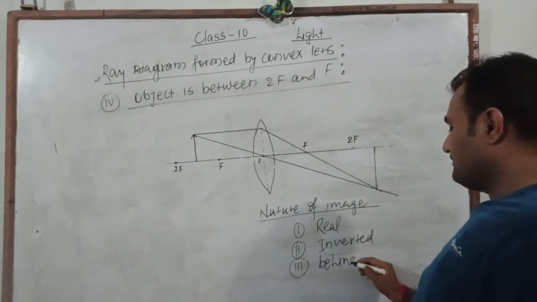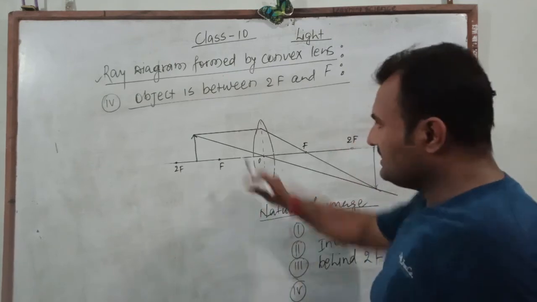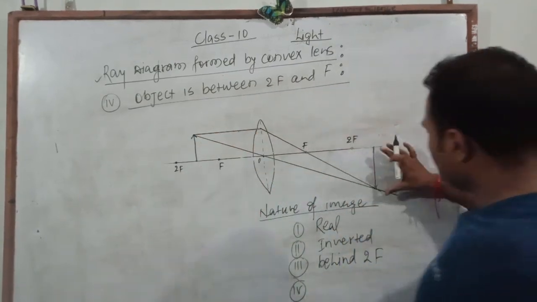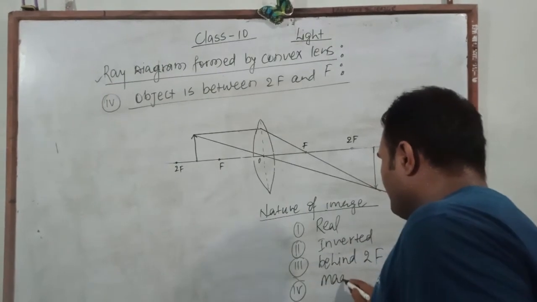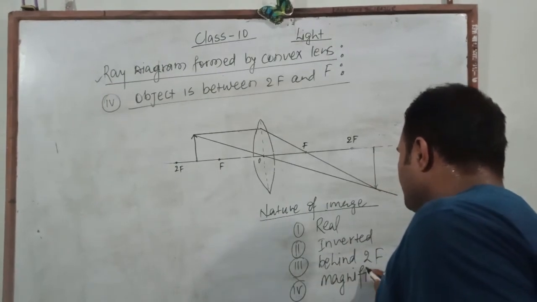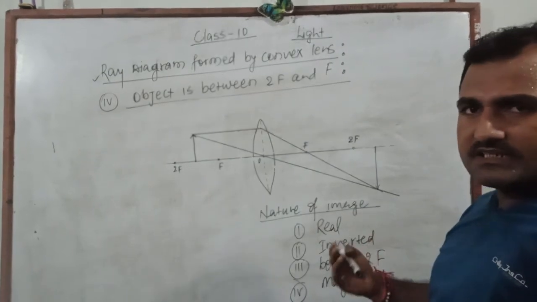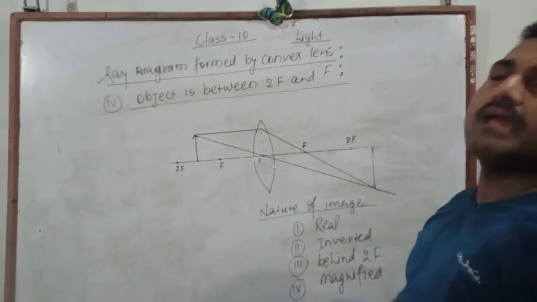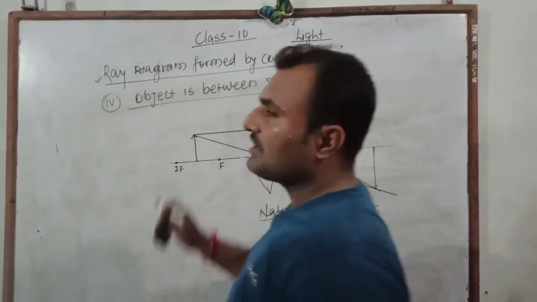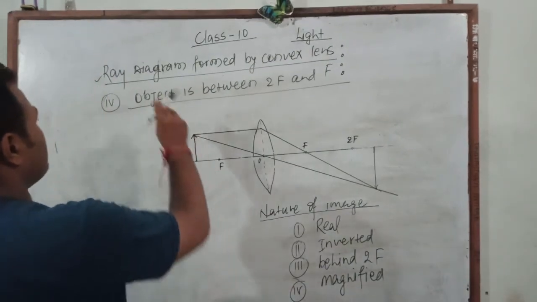And it is clear that the object is smaller and the image is larger, which is called a magnified image. When the object comes closer to the convex lens, the image gets enlarged, which is called magnified. And it is called the fourth condition of image formation by a convex lens.